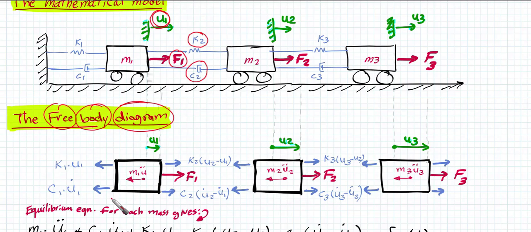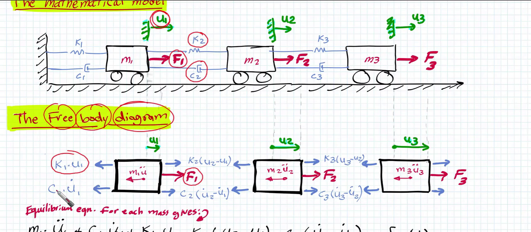First of all, there is the induced inertia force, which is M1 U double dot. It is opposite to the applied force, which is F1, a function of time as well. And then we are going to have K1 U1, which is the stiffness resistance coming from columns.